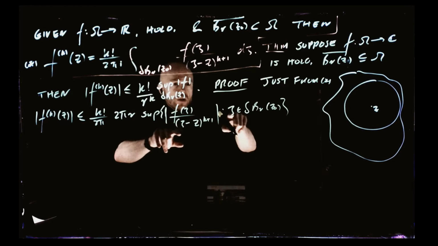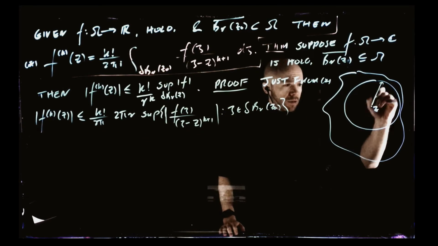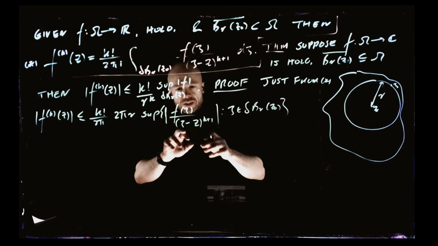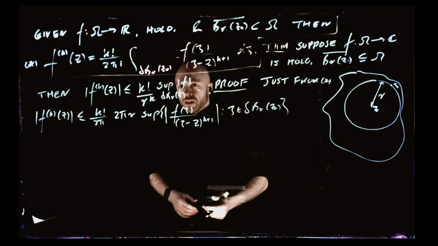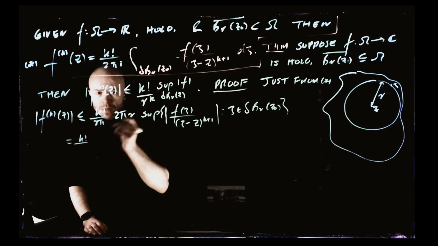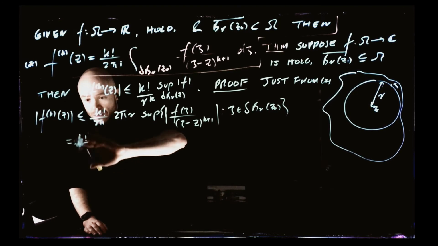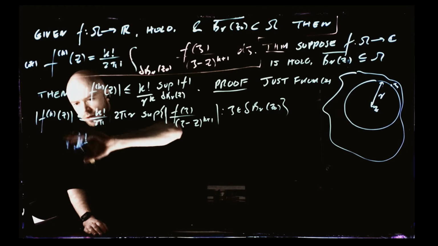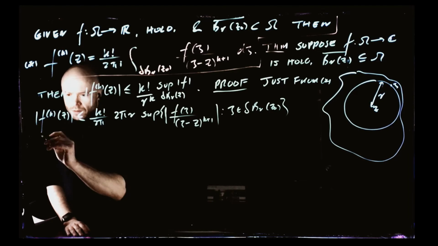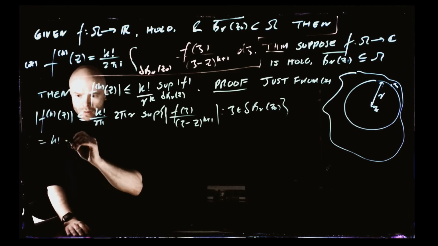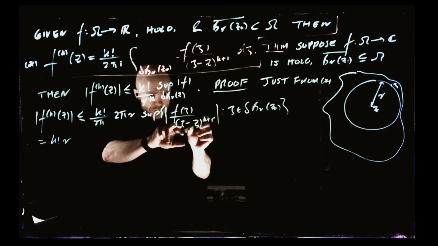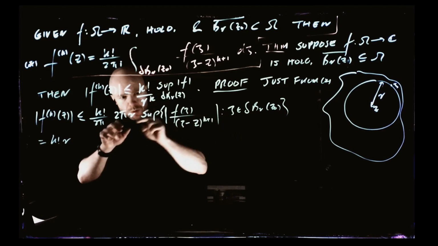And then what is this? Well, zeta is on the boundary of the ball of radius r, right? This is r, this is zeta right here. So the absolute value of zeta minus z is just r, yeah? So then this thing is just equal to k factorial. The 2 pi's will cancel, so let's put it at the end of the board. So this is equal to k factorial times r, and again, the absolute value of this thing here is just r to the k plus 1, so we can just pull it out directly.